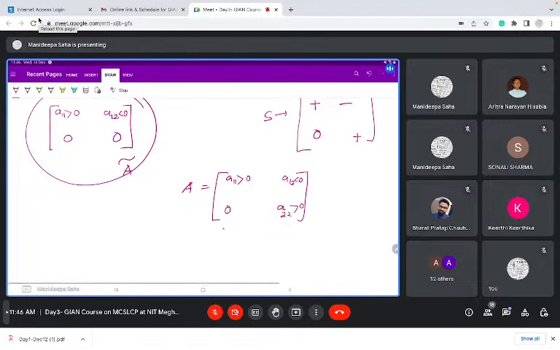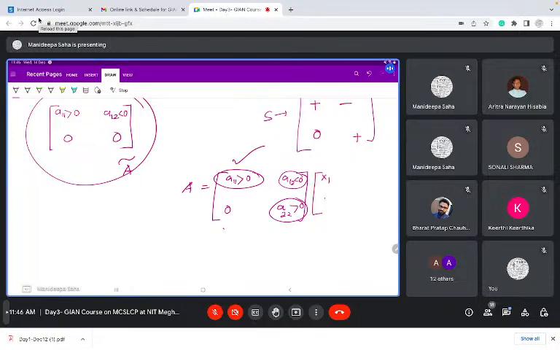So all these matrices have the sign pattern S. But I can choose, wherever each row is positive, here A11 and here A22, to be very, very large, and the others small.